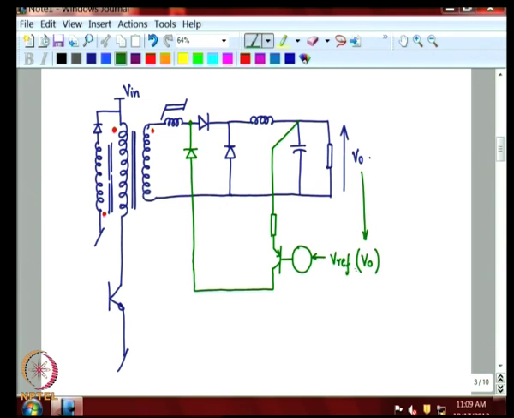So, let us say this is the set reference of V naught, and since this is V naught sense, this is minus, this is plus.